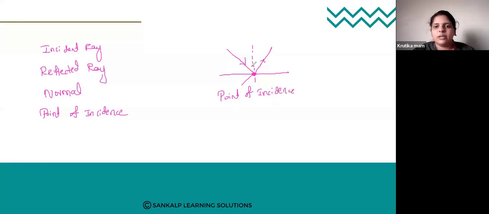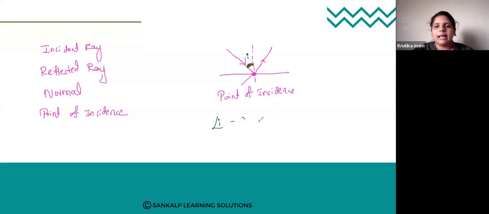Okay, so let us write the angles. Here two angles are getting formed. One is between the incident ray and the normal drawn.